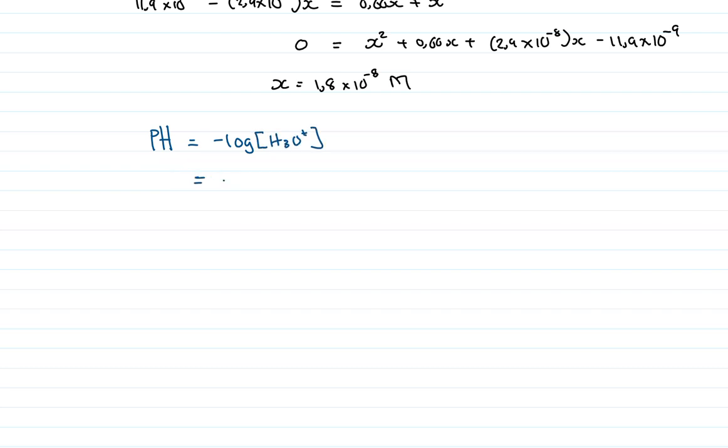So this is equal to negative log of 1.8 multiplied by 10 to the power of negative 8. You can put that into your calculator and you should get a pH value of 7.74, and that is the final answer.